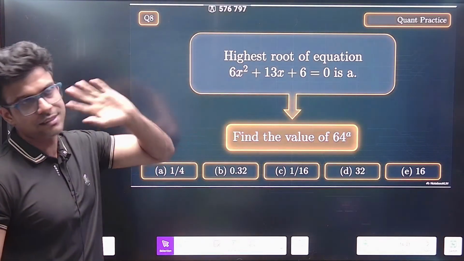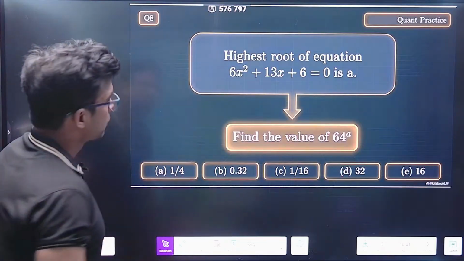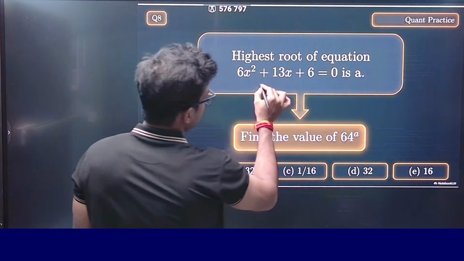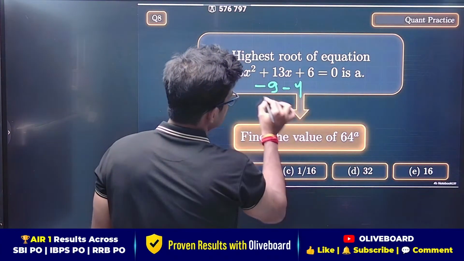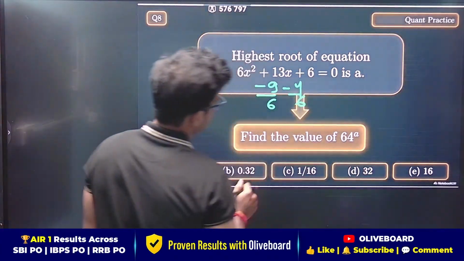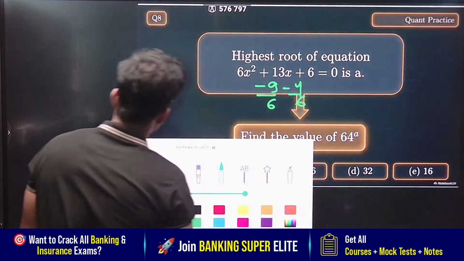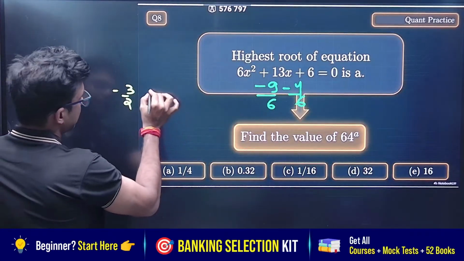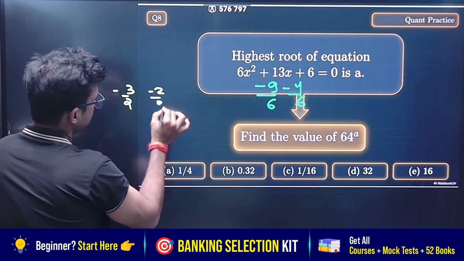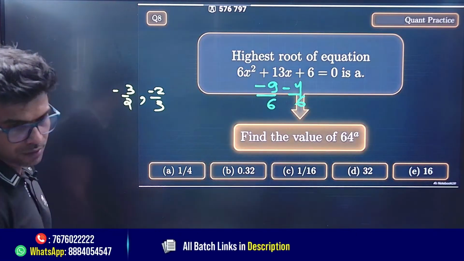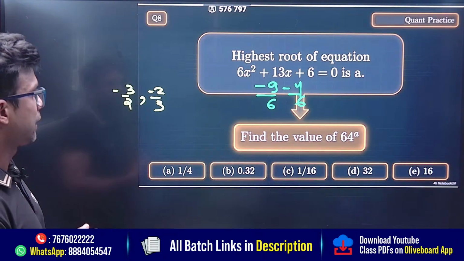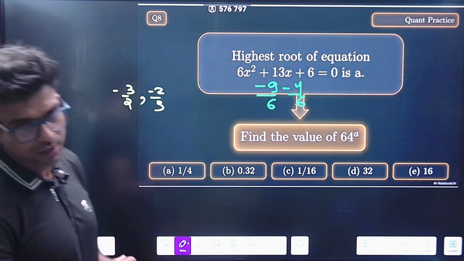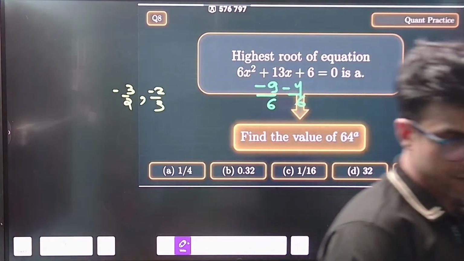6x square 36. 36 is 9 and 4. Okay. So guys, roots would be minus 9 and minus 4 divided by 6 divided by 6. Simplify, I can say minus 3 by 2 and minus 2 by 3. Two roots are like that. Okay. Now they're asking find the value of 64 to the power a, but what do we need to take as the value of a?